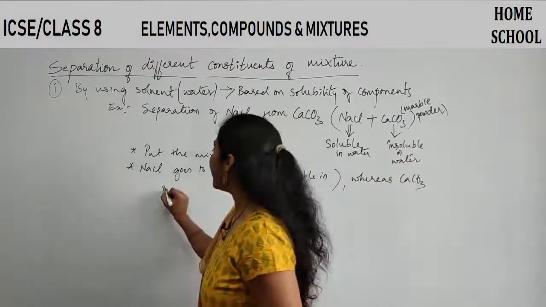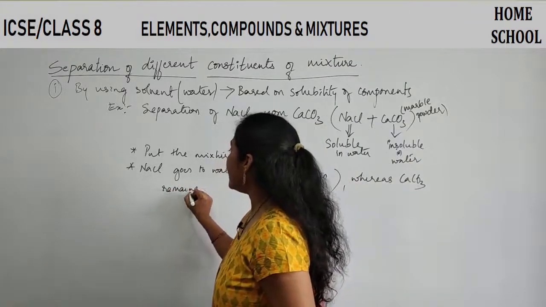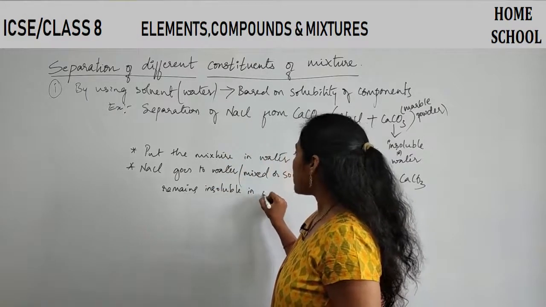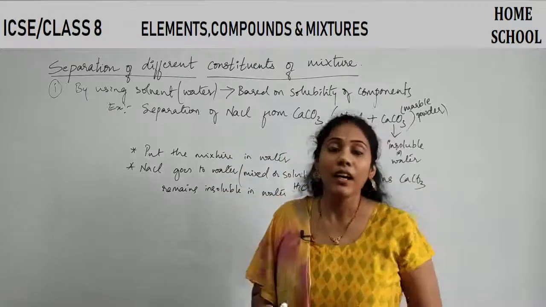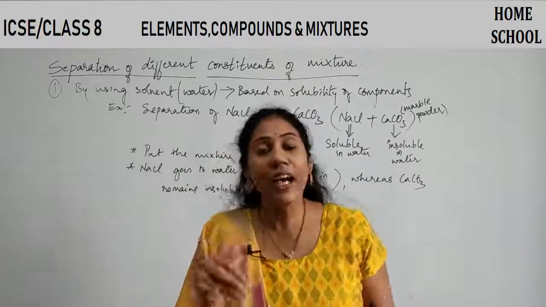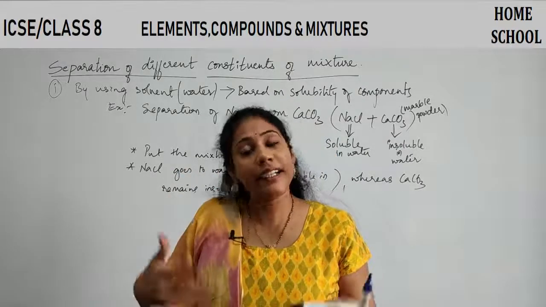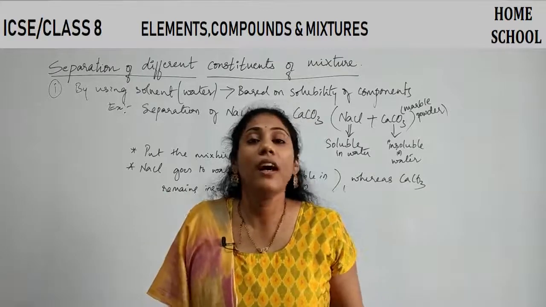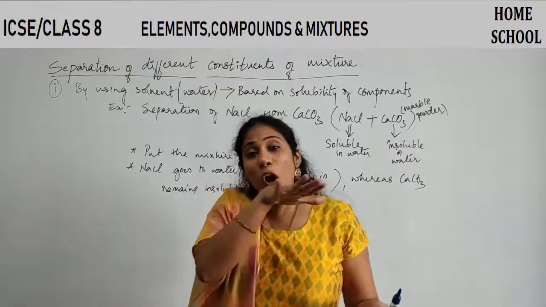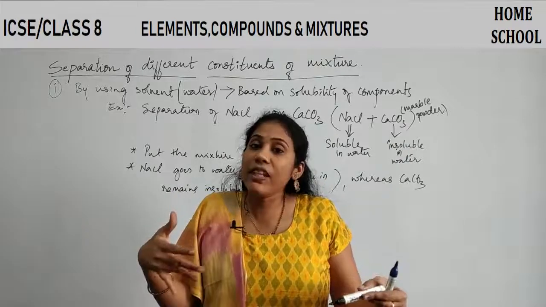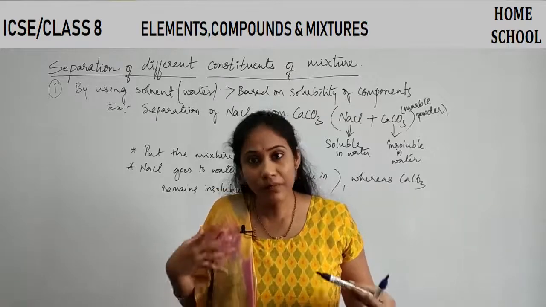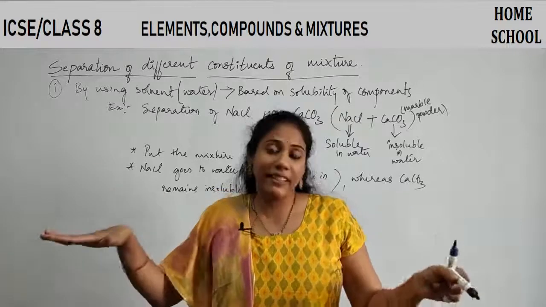Calcium carbonate remains insoluble in water. Clear? So whatever NaCl is there in the mixture, everything goes into water. It gets nicely soluble in water, but the entire amount of calcium carbonate will stay on the surface of water because it will not go into the water. It cannot solubilize in water, isn't it? So it stays in the water.